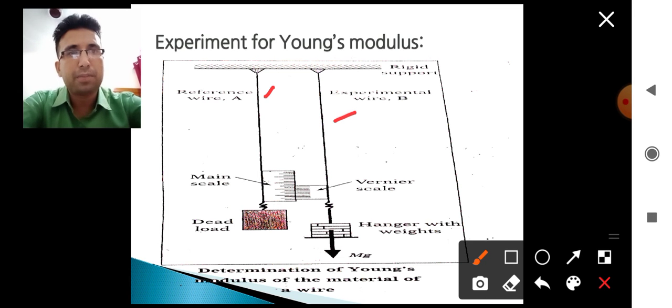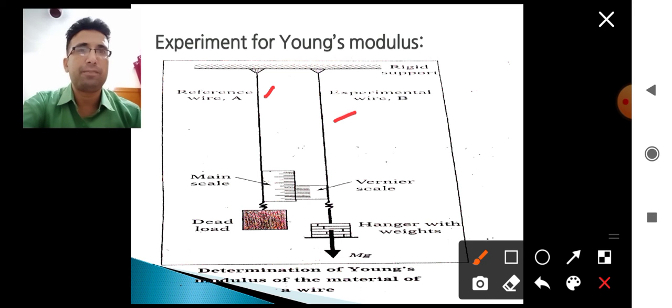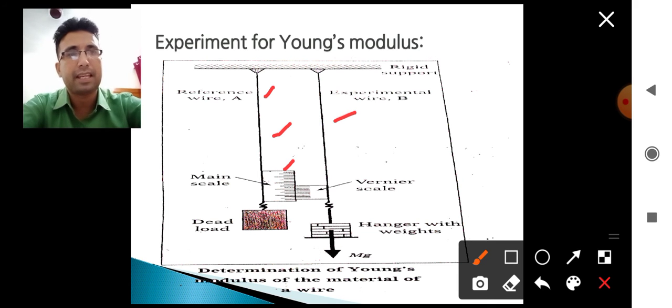Now this is the experimental wire whose Young's modulus we have to find out. So we hang this wire like this. In the reference wire there is a main scale, and in the experimental wire there is a vernier scale and a hanger in which we put some weight.